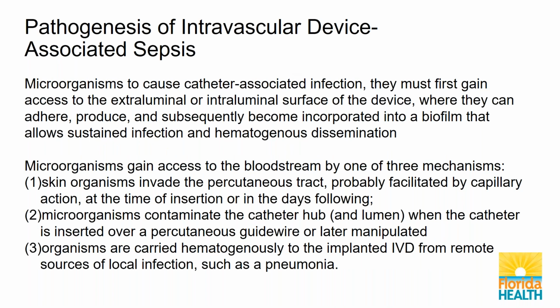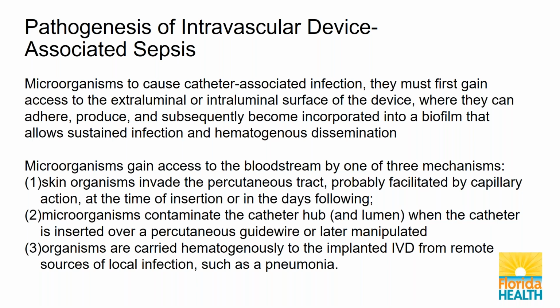Microorganisms can cause catheter-associated infections, but in order to do that, they first need to gain access to either the extraluminal or the intraluminal surface of the device. Once they have access, they're able to adhere, reproduce, and subsequently become incorporated into a biofilm that allows sustained infection and hematogenous dissemination. Did I say that word right? Hopefully.